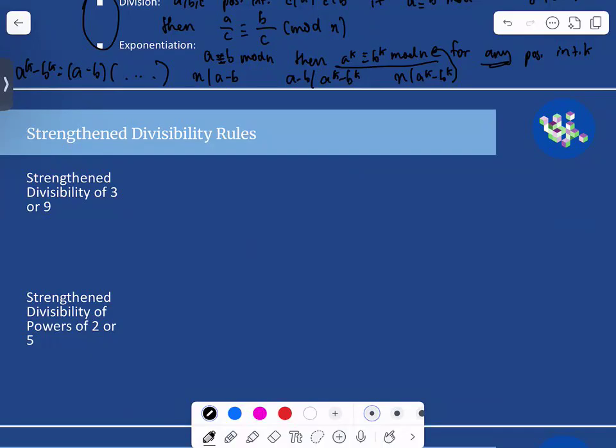So what I'm saying is that if you let M be the sum of digits of some positive integer N, then N is congruent to M mod 9.